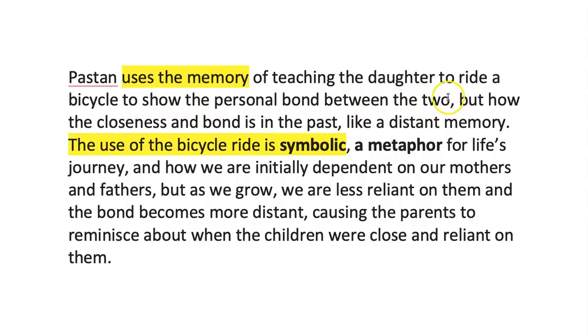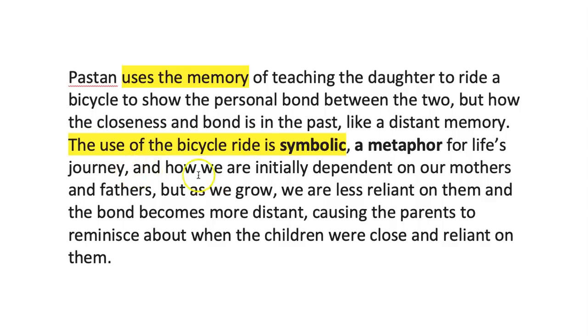So there's another method. "But how the closeness and bond is in the past, like a distant memory. The use of the bicycle is symbolic, a metaphor for life's journey." So there's another method, and these 2 words, symbolic and metaphor, are subject terminology because you can use them to write about every single poem you ever study.